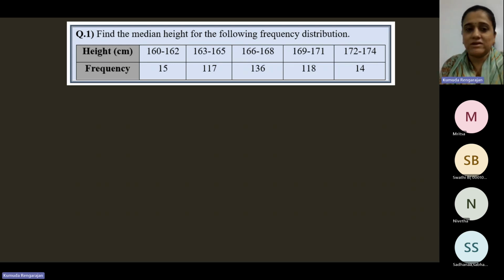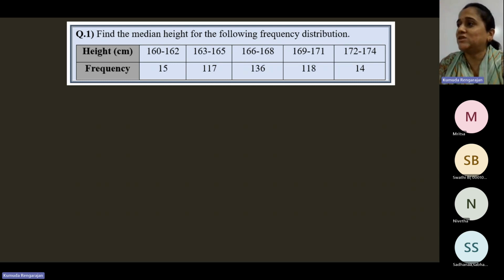Take up any class interval. Let me take 160 to 162. Which is the upper limit? 162. Now is this value 162 included in the same class interval 160 to 162, or is it excluded, that is, included in the next class interval? That's the question. It's included. 162 belongs to the same class interval because the next one is 163 to 165.